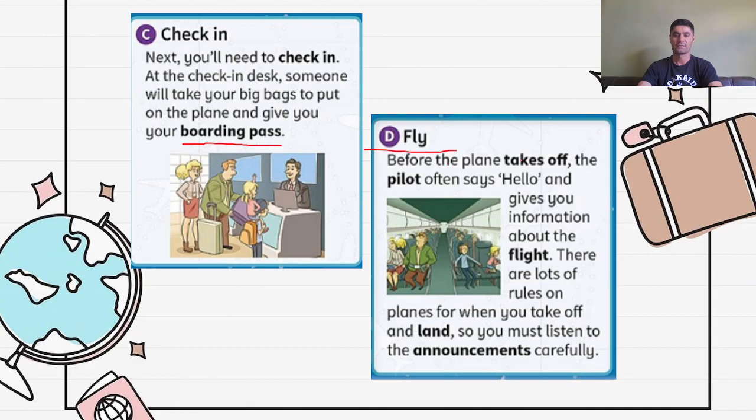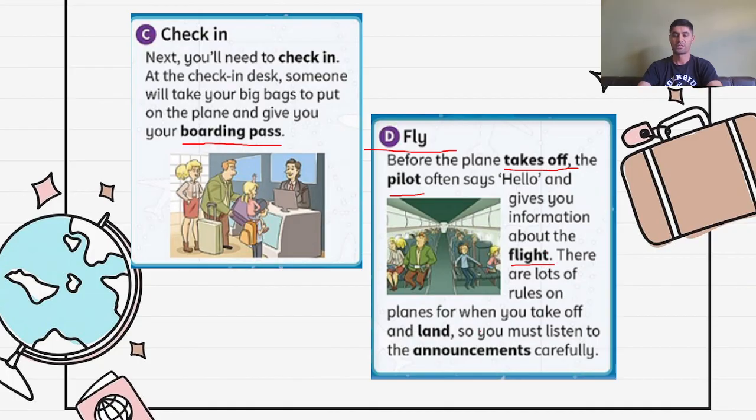Before the plane takes off, takeoff means when the plane leaves the ground and flies. The pilot often says hello and gives you information about the flight. Pilot is someone who flies the plane and he gives you information about your flight.